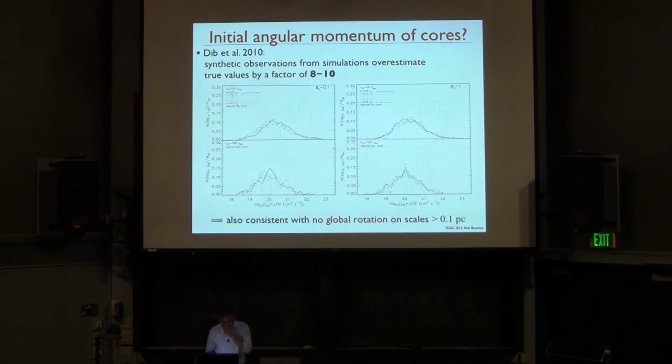Nevertheless, it's not really clear whether these numbers would hold up, are real in this sense. There's a recent study by Sami Dib, and Alyssa Goodman is also on this paper, essentially comparing simulation with synthetic observations again to quantify the spin of the individual cores.